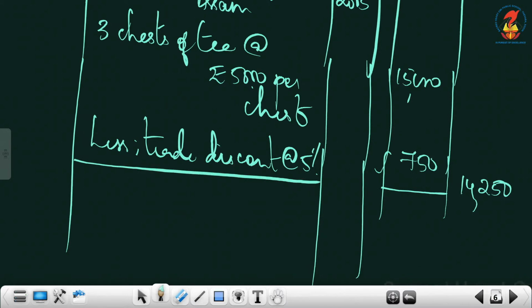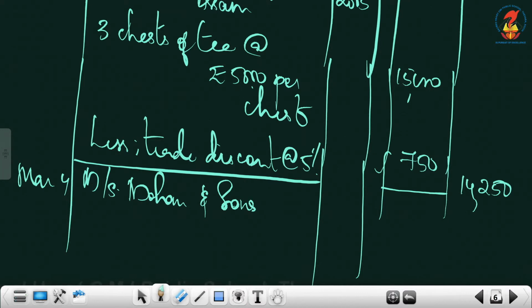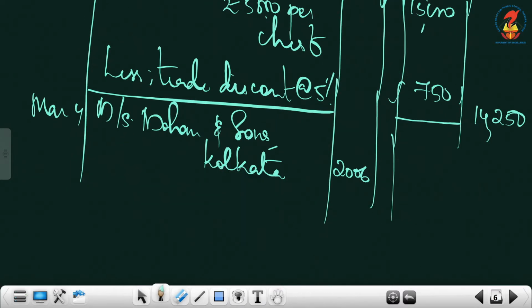Then moving on to the next transaction. On March 4th, sold to Mrs. Mohan and Sons. Their place is Kolkata. Invoice number 2006. 20 kilogram Amul butter at 250.